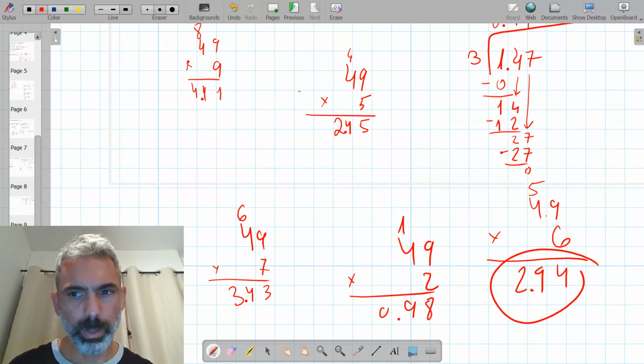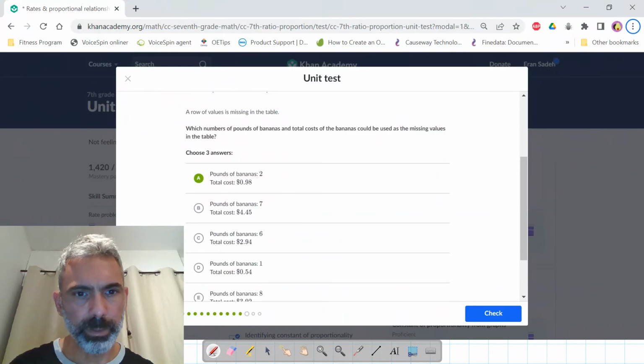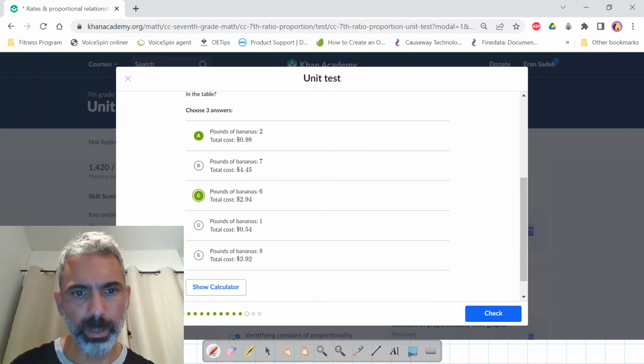Okay. I got myself in an error because 6 times 5 is 3. If it was 50 cents, it would be $3, and we have 49 cents. So it makes sense that it's 2.94. So this is correct. 1 pound of bananas doesn't cost 54 cents, it costs 49 cents.